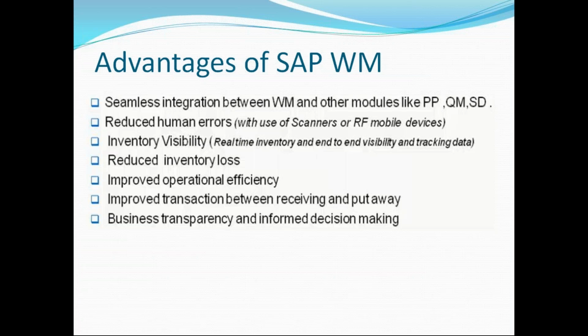So, if we are maintaining only the storage location at the IM side, we'll have the information that, for example, if you receive 10 quantity of material and you have done the goods receipt and you are placing the 10 quantity in your storage location, then you will have the information that 10 quantity of material is present in the storage location, but you won't know where actually the material is placed in the storage location.